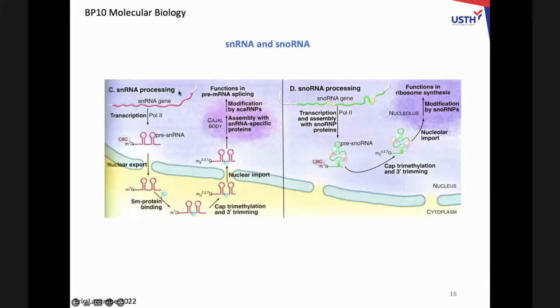So these snRNAs are transcribed by Pol II in the nucleus and exported to the cytosol. There are a few modifications, such as cap methylation and so on, and then they are re-imported back into the nucleus. They are present in some subnuclear body, which is called, have you heard this term, Cajal body, already?